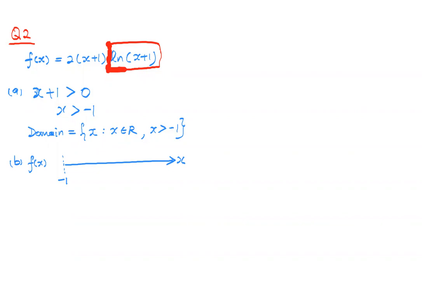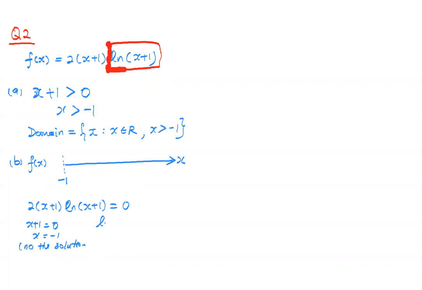So find the x-intercept: 2 times x plus 1 times ln of x plus 1 equals 0. So x plus 1 equals 0, so x equals -1. This is not the solution, because x cannot be -1.